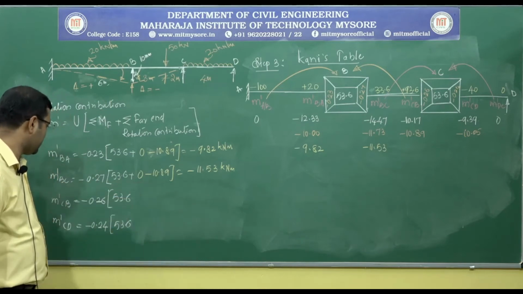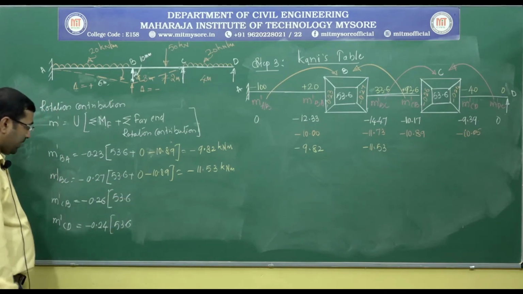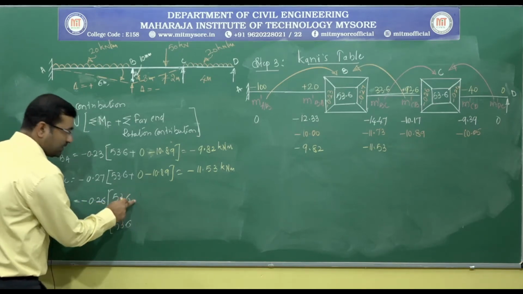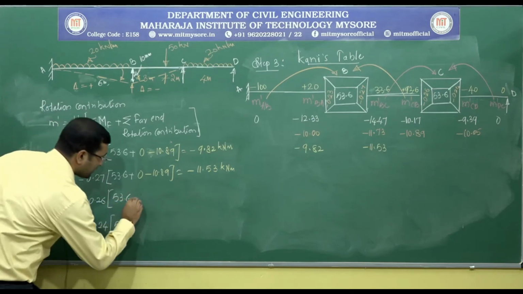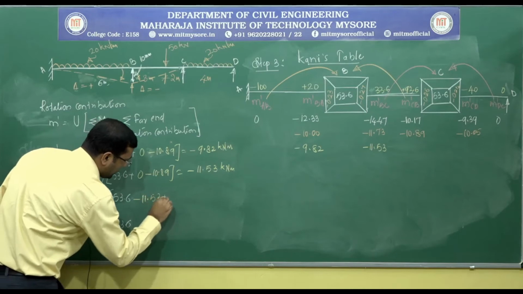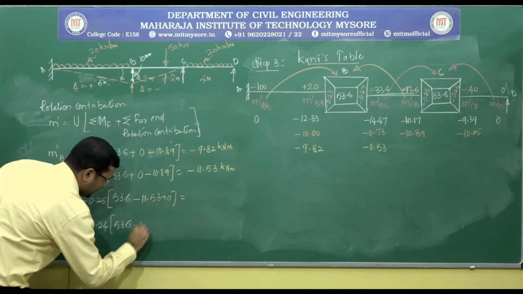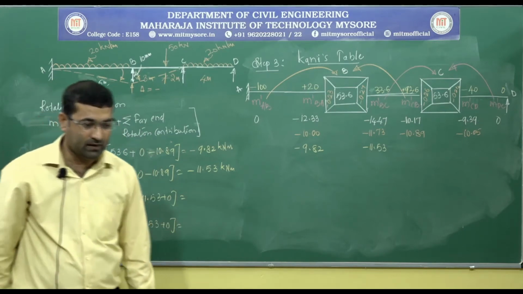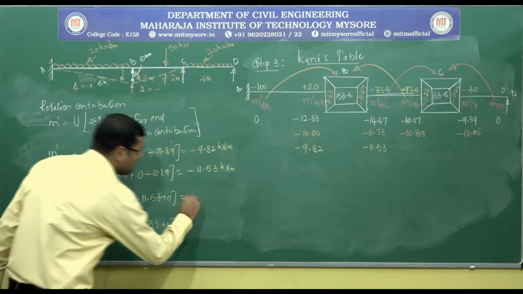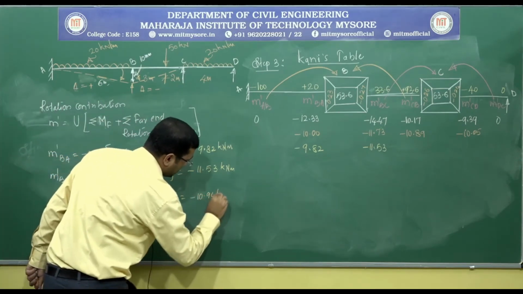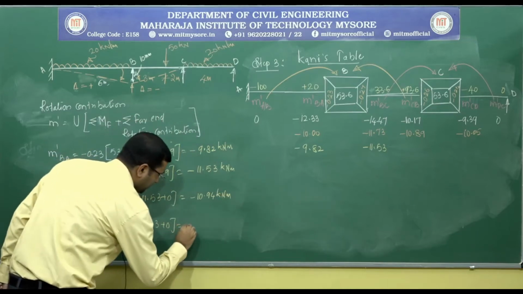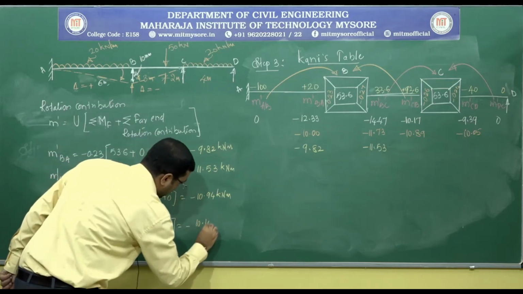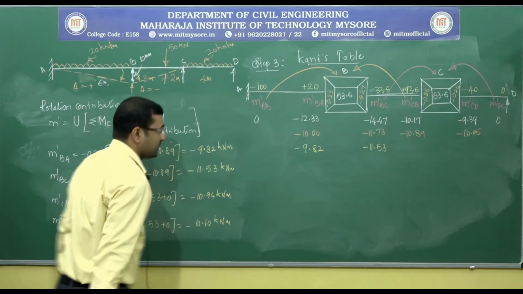And for the next joint, that is for joint C, m dash CB rotation factor into the algebraic sum of fixed end moments plus the far end rotation contributions, that is 11.53 plus 0 minus 11.53 plus 0. These two gives you a value of minus 10.94 kilonewton meter and minus 10.10 kilonewton meter.